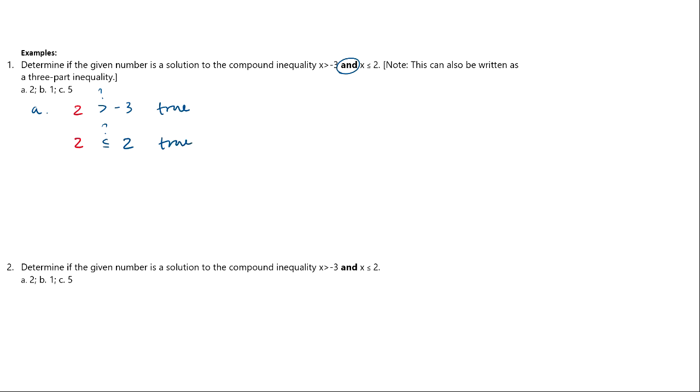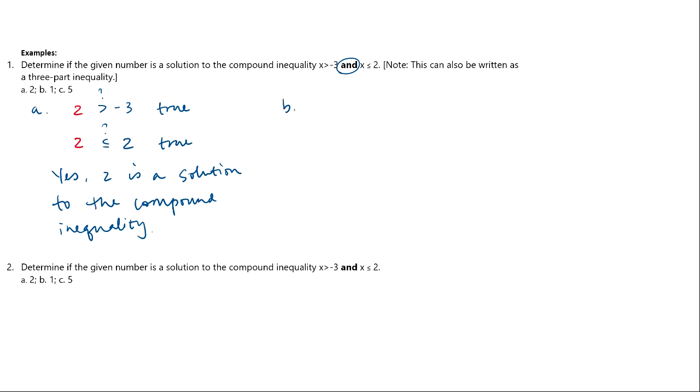In this case, when both inequalities are true statements as a result of plugging in the number 2, we can say that yes, 2 is a solution to the compound inequality. And that's how we go through the checking process for inequalities connected by "and." Now we're going to continue to part B.